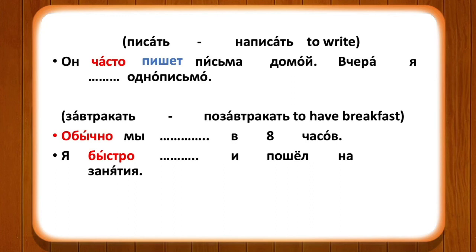In the next part of the sentence, вчера я — одно письмо. Here, yesterday I wrote a letter indicates completion of an action. So to denote completion of an action, we use the verb of perfective aspect. Here the verb of perfective aspect is написать.